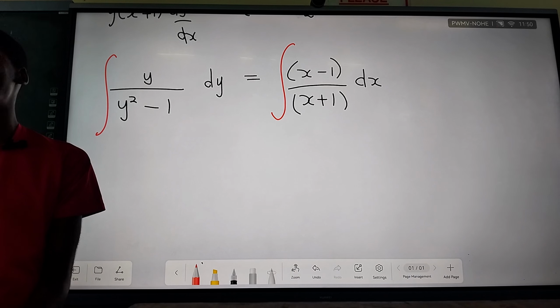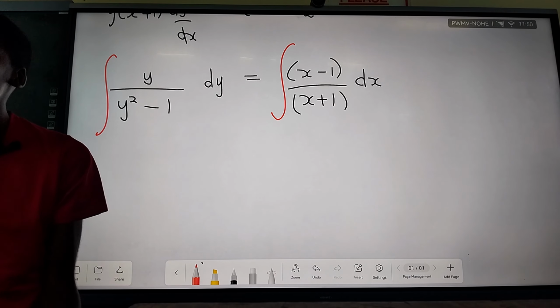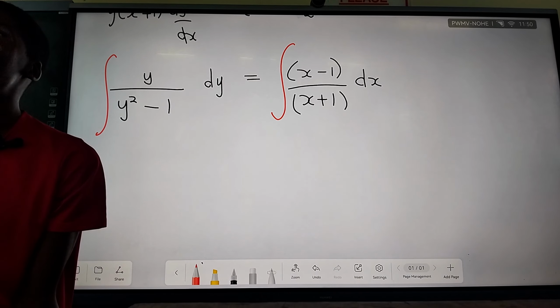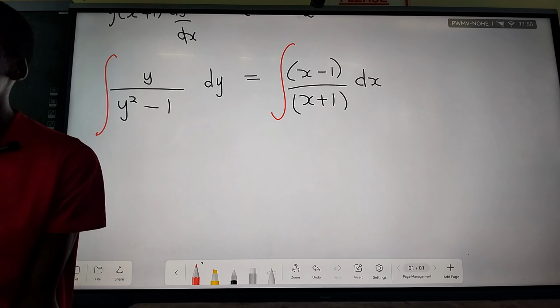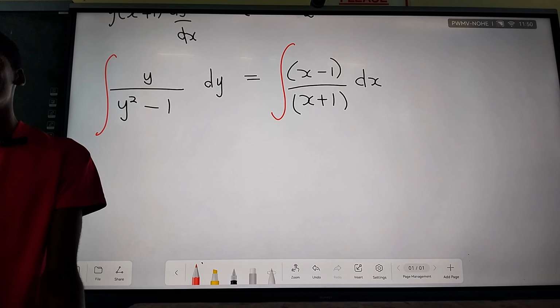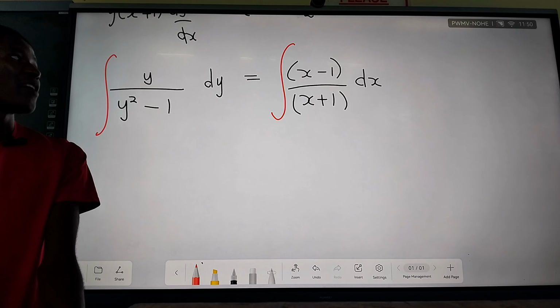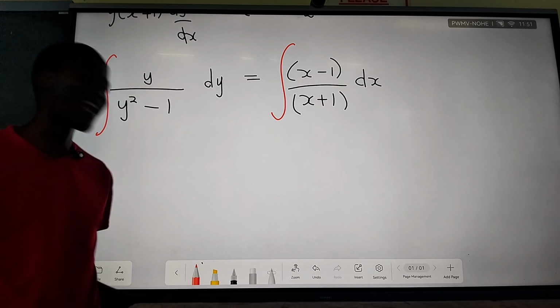Who can integrate x minus 1 over x plus 1 by taking out 2 minus? Nice.